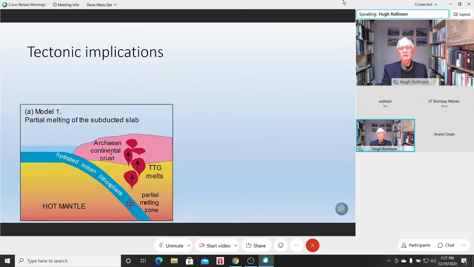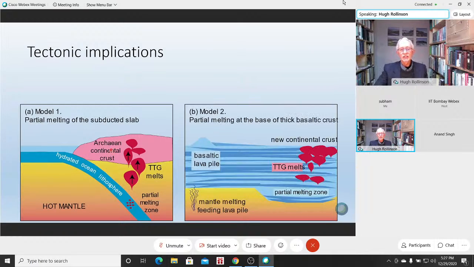However, there is another model, and that is based on a huge amount of basaltic crust, which we think was present early in the history of the Earth. And it's quite possible that we have had a situation such as a mantle plume, which has produced huge volumes of basaltic lava, rather like the island of Hawaii in the Pacific today.